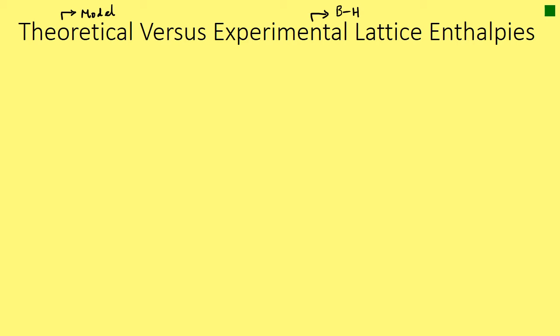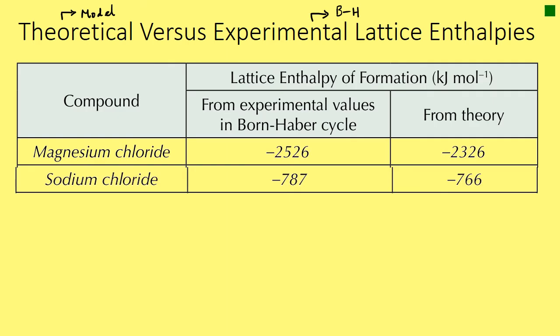And when you do so, you get some results like this. So these are the experimental values from the Born-Haber cycle. For magnesium chloride, the first one, experimentally we see minus 2,526 kilojoules per mole, whereas the perfect ionic model, i.e. the theoretical value, is only minus 2,326.